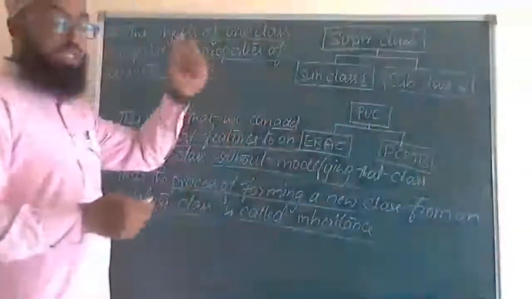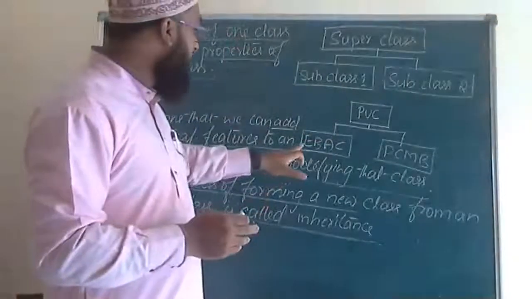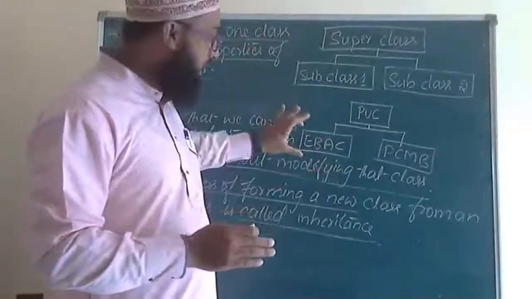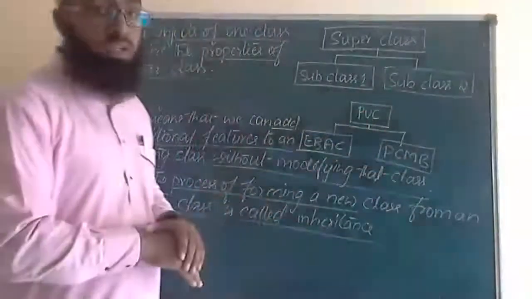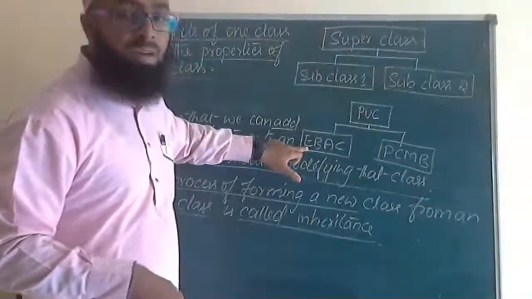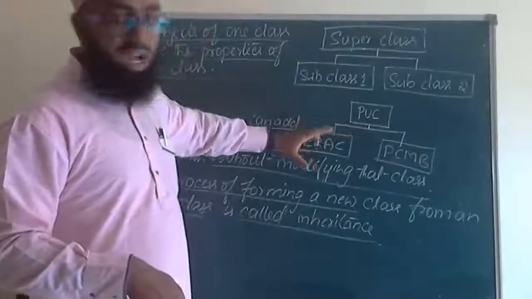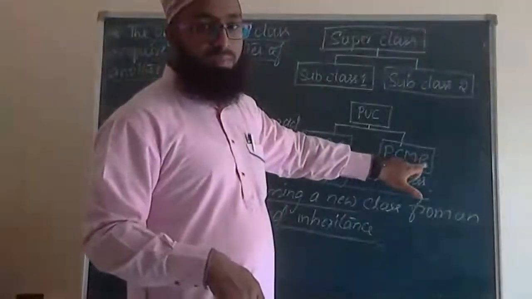I will give you one more example. Here, PUC is a class. It is containing objects E, B, A, C. We think containing objects, but it is a class. And here it is containing P, C, M, B. These are four objects. So the objects which are present in class 1, that is EBAC, can acquire the properties of the next class, PCMB.